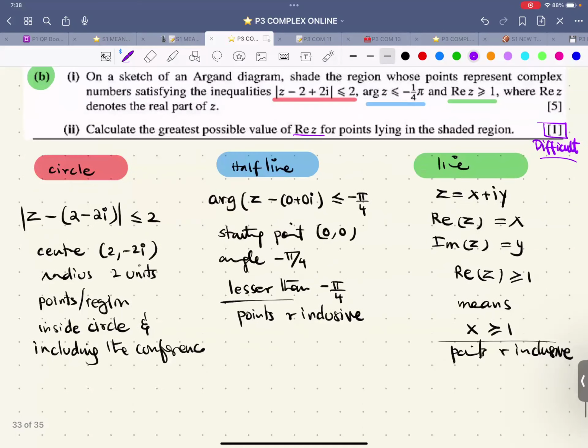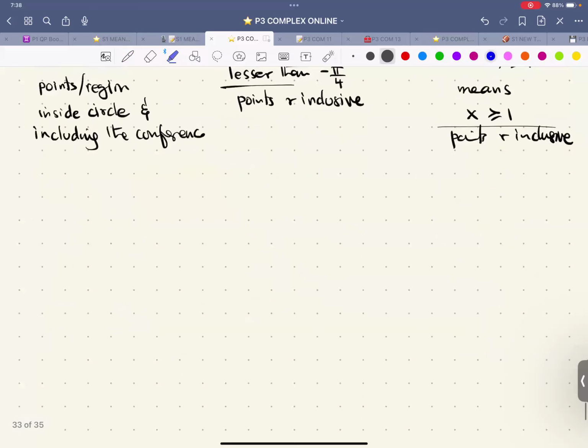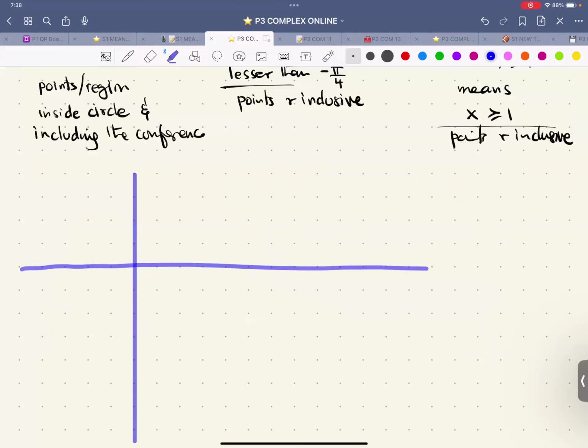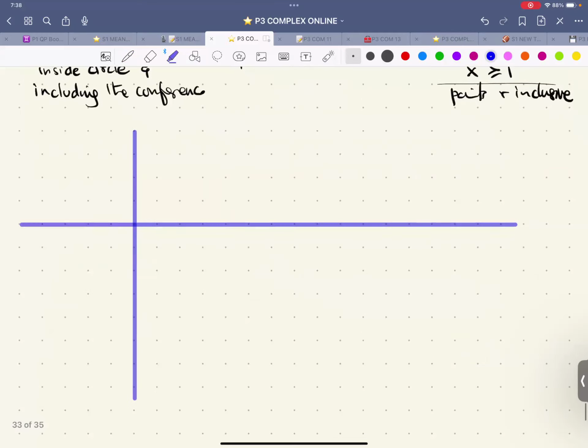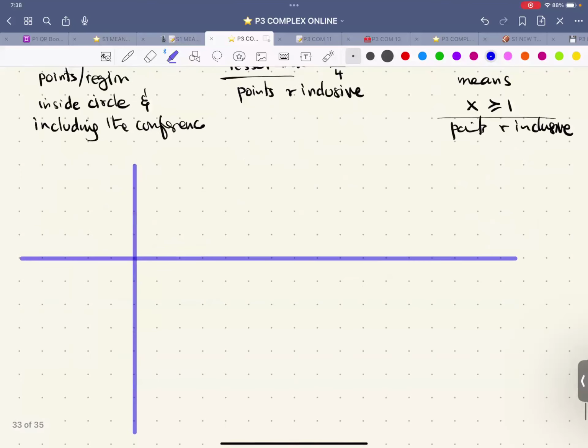So now let's get started. First of all, I need a grid. And let me draw a grid, not that thick. Okay. And let me draw something over here. And let me draw a circle. But before that, I need 2 minus 2.